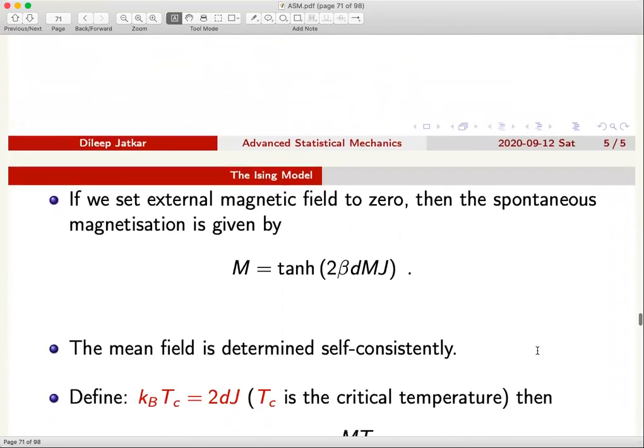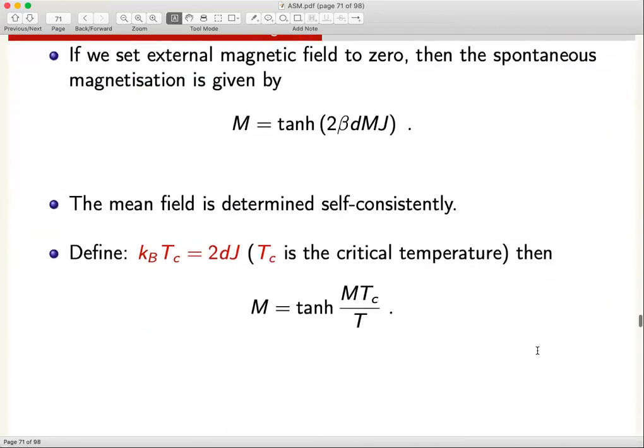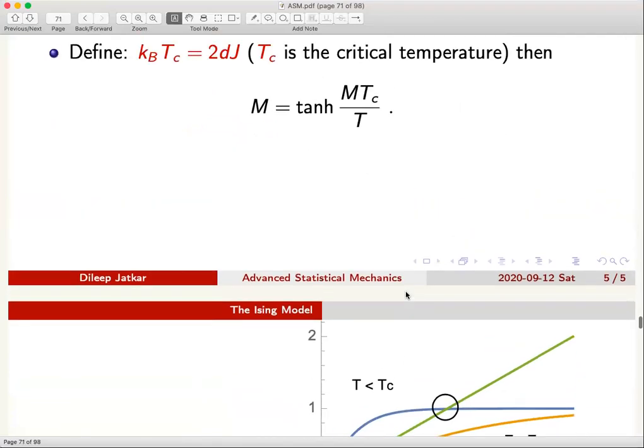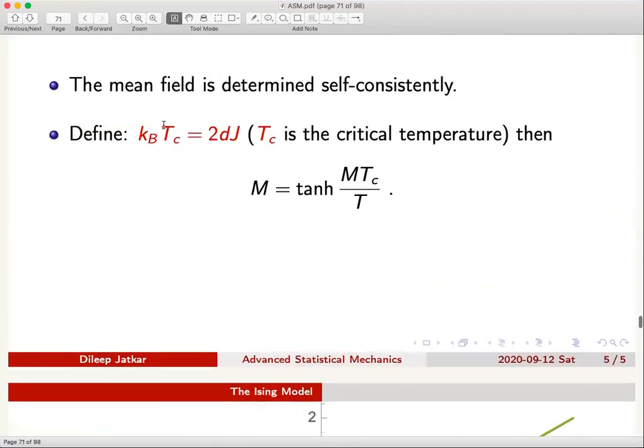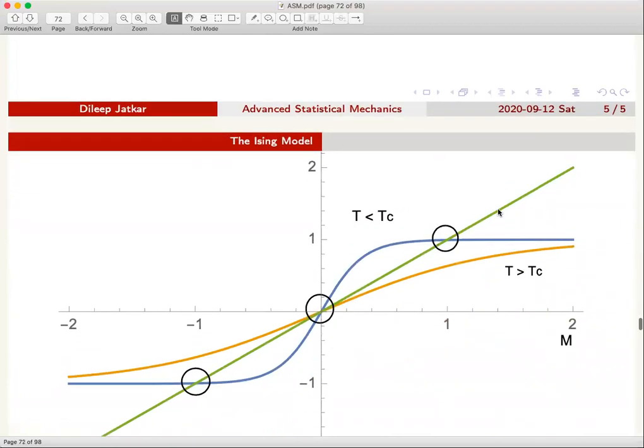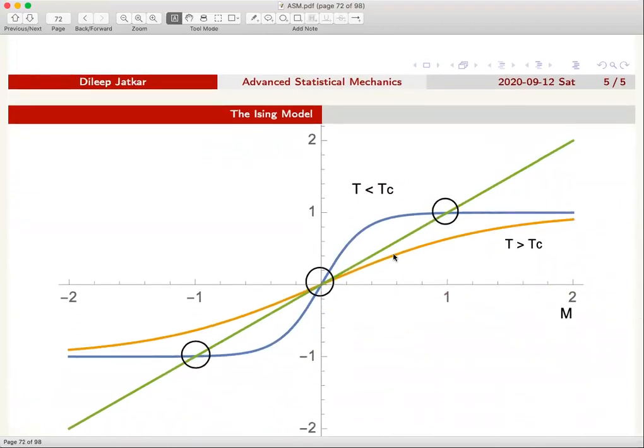So what we did was we solved it using graphical method. We basically first defined Tc to be 2dJ upon the Boltzmann constant, and then we plotted this tanh function versus the linear function, and checked at what point it would cross.